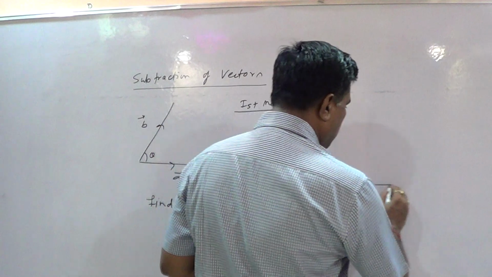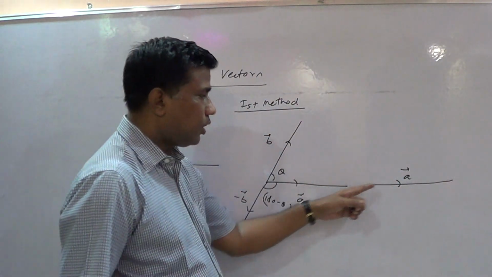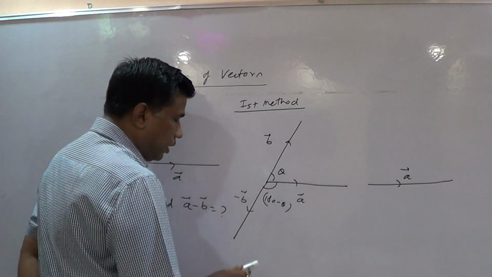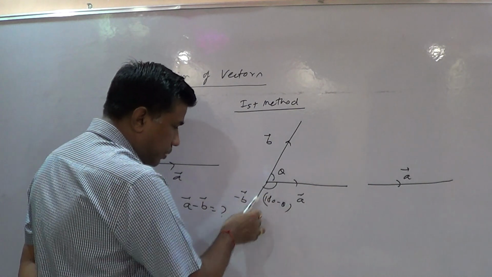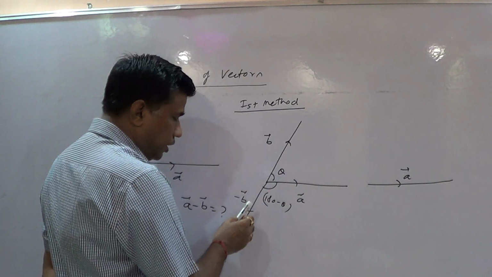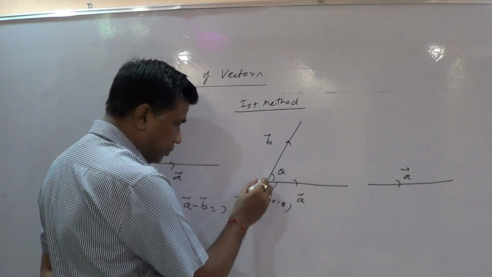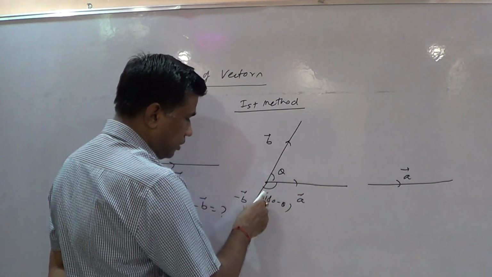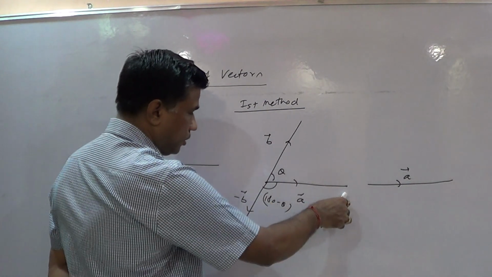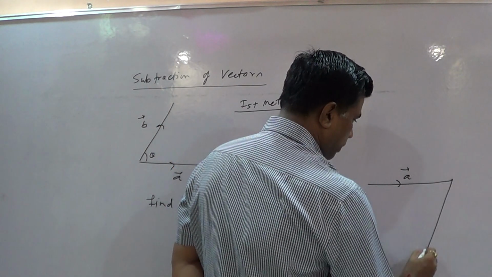First we will draw this vector A. See, this is the operational part. I made this vector A. Now add this minus vector B with vector A. For this, connect the tail of minus vector B at the head of A. So you can shift it like this, minus B. So this is minus B.